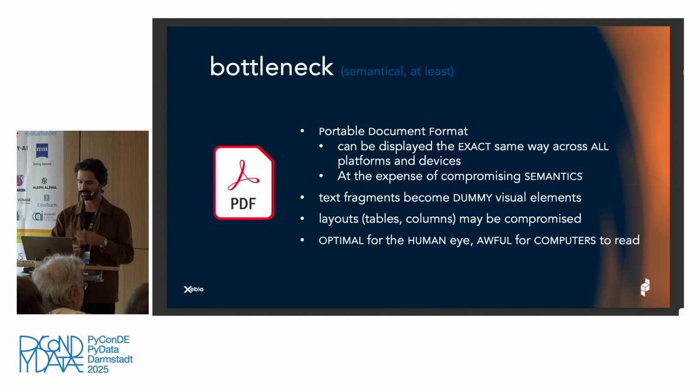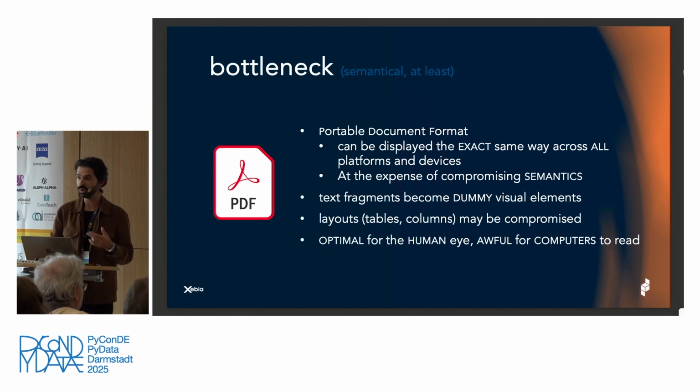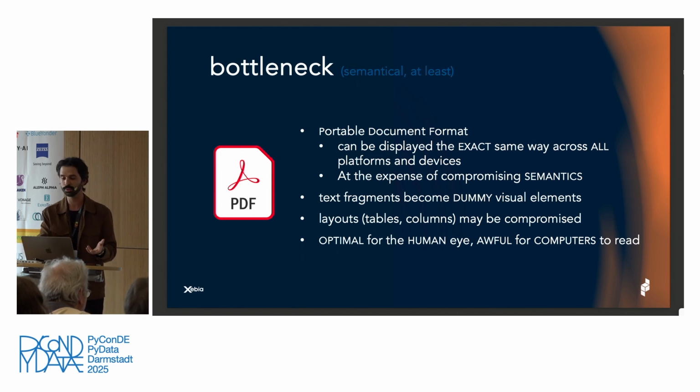So arrangements of text, layouts, everything is compromised because all this logical arrangement, text is broken down into dummy shards of visual elements, right? For the human eye, good, we can still read it. That's why we take it for granted after all. But for computers, this is something awful to read, because continuously it will make no sense.